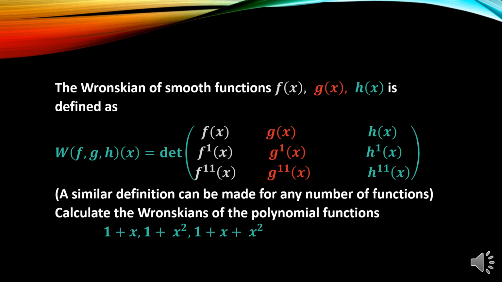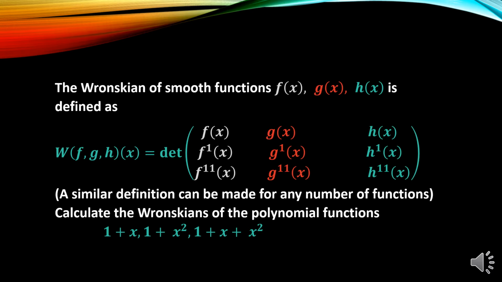The second row is for the first derivative of those functions, and the third row is for the second derivative. This definition can go on depending on the number of functions you are interested in. Maybe there are 4 functions, or 5 functions, but you realize this is a 3 by 3, a square matrix.